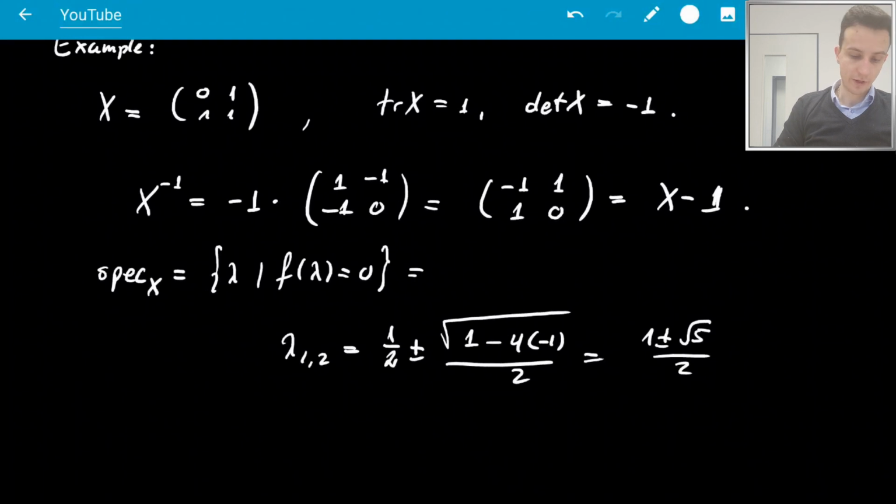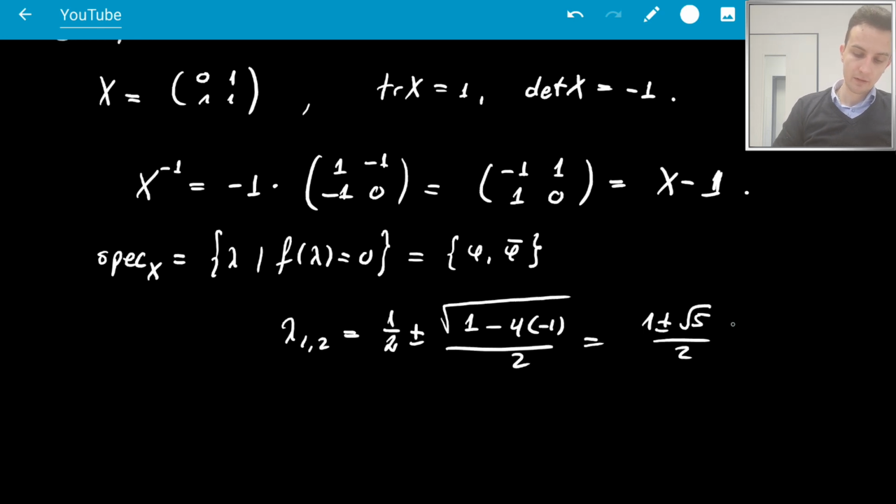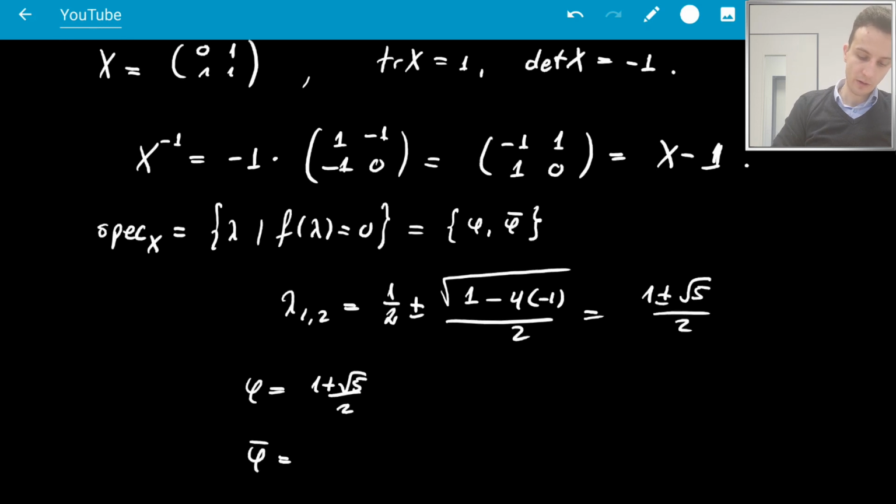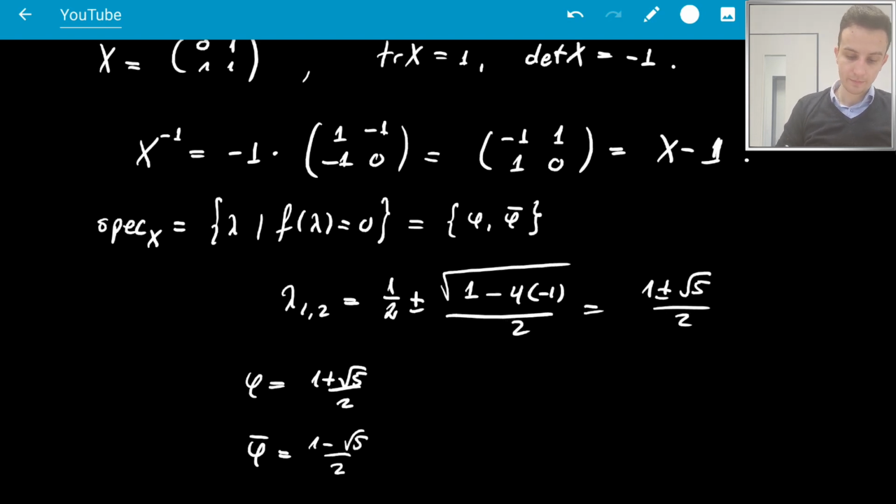And that's the golden ratio. So the spectrum is phi and phi bar, where we say that phi is 1 plus square root 5 over 2, and phi bar is 1 minus square root 5 over 2, and they satisfy the Vieta formulae. So we'll have phi times phi bar equals minus 1, and phi plus phi bar equals 1.